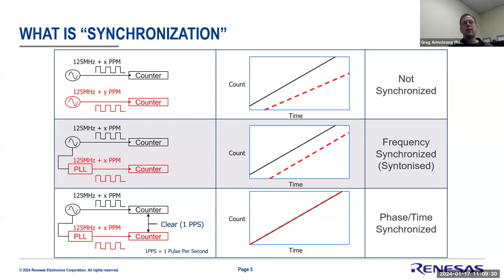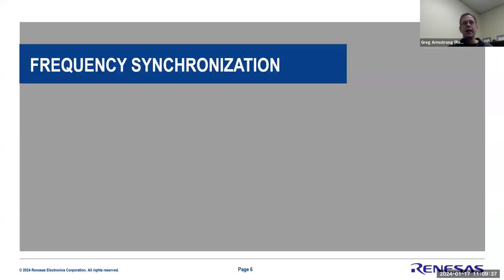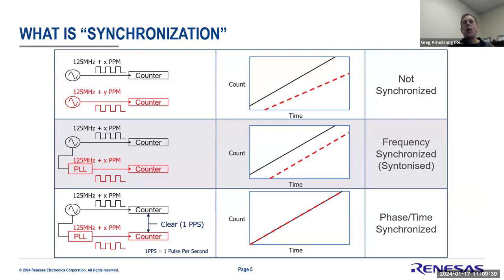So for phase, a lot of times it would be some sort of framing signal, like an 8 kilohertz signal or even a 1 PPS. And that would indicate when we should have the counts incrementing and all starting at the same time. So if a system powers up, it would go out and say, where should I start my counter? I shouldn't start at 0 because that's not the epoch time of when time has started or when we want to make our relationship to. And so that's called phase and time synchronization.